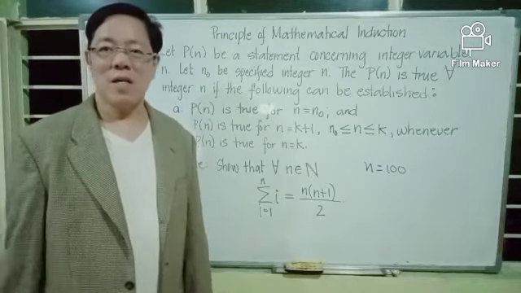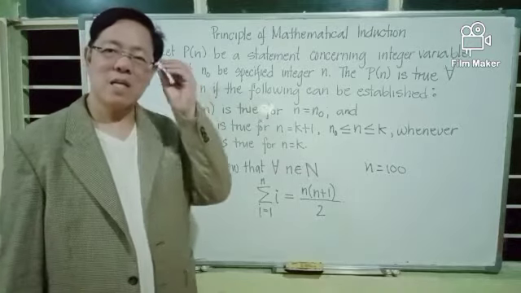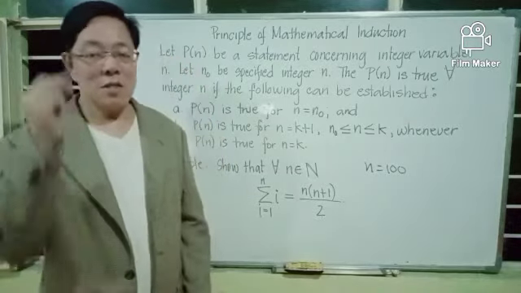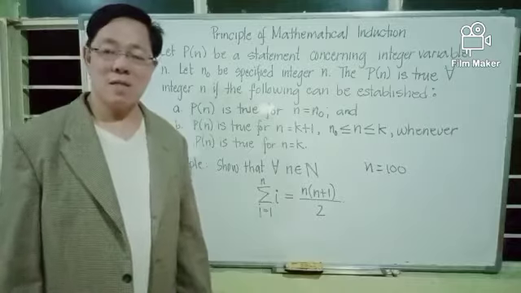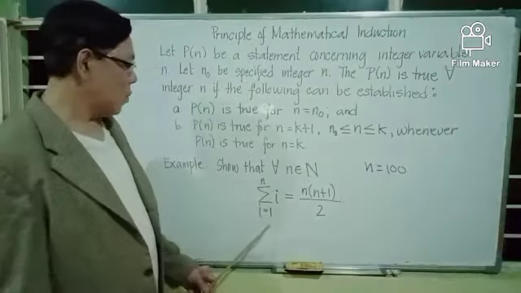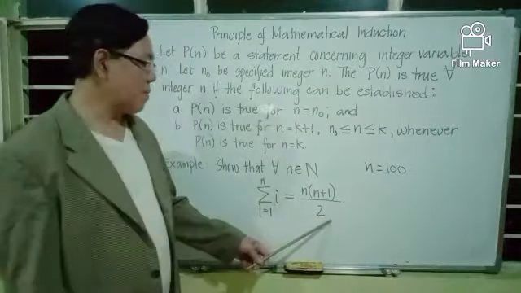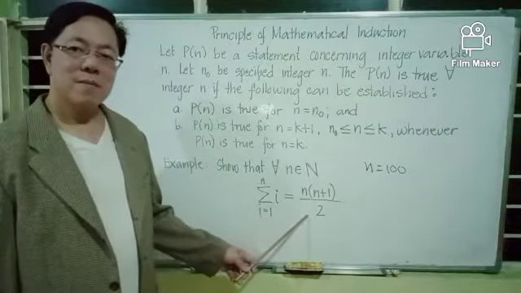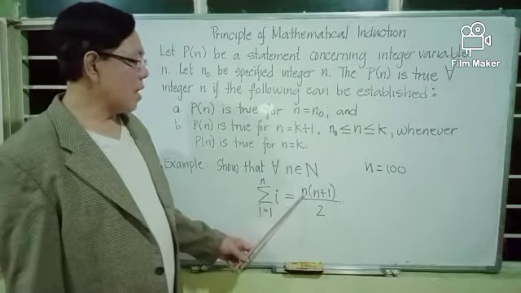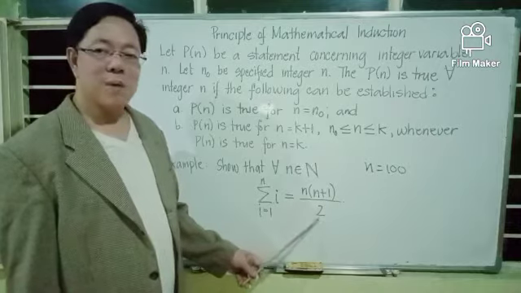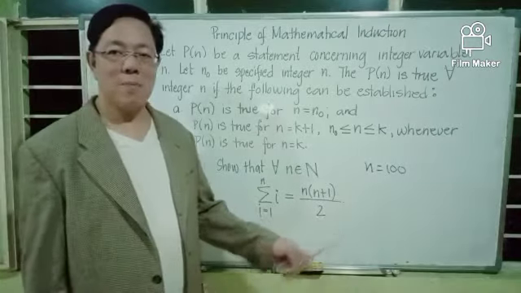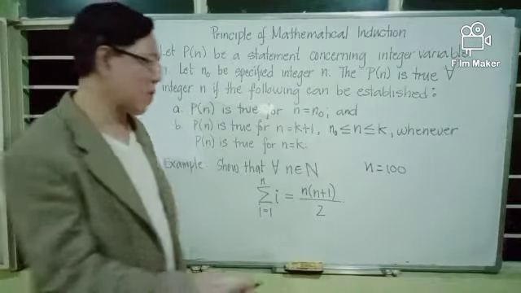But instead of performing that long addition, the sum of the integers from 1 to 100 can be obtained by performing this. Multiply n by n plus 1 and divide by 2, where n in our example is 100.